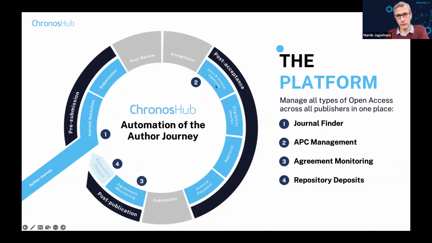We can automate data collection, funding eligibility checks and approvals, and we even take care of all kinds of payments on the institution's behalf. We also gather all the data on the institution's agreements and the articles covered by those agreements. So it's possible for the institution to do reporting across all agreements in one place, again, without bothering you as researchers. And then we also try to reuse the data in terms of your full texts, so we can automate repository deposits and unburden you also with that specific task.